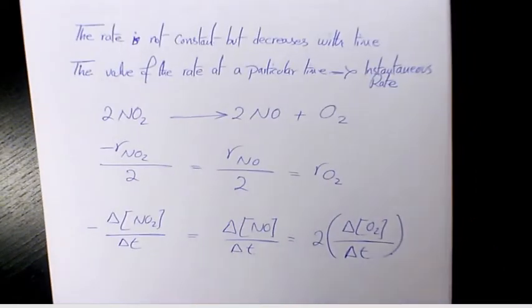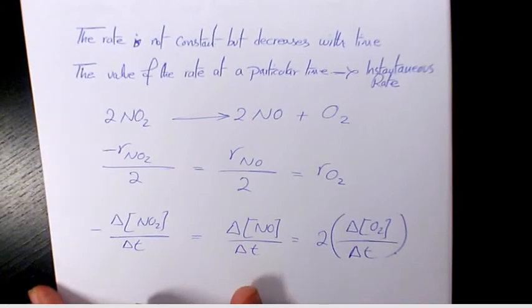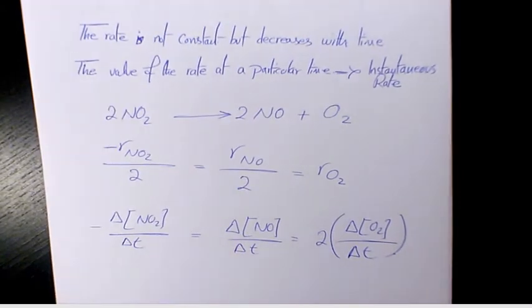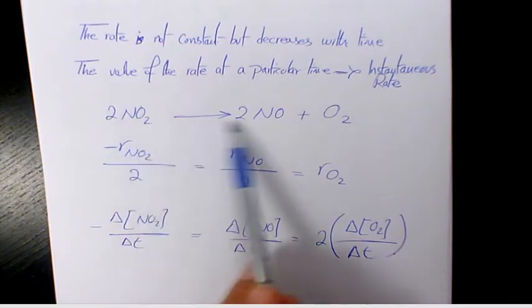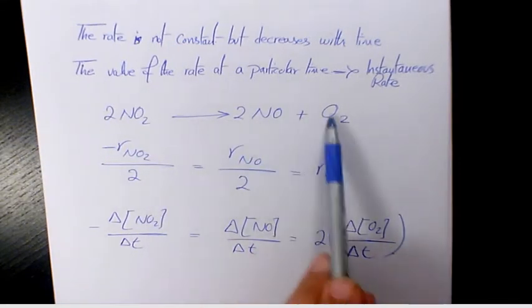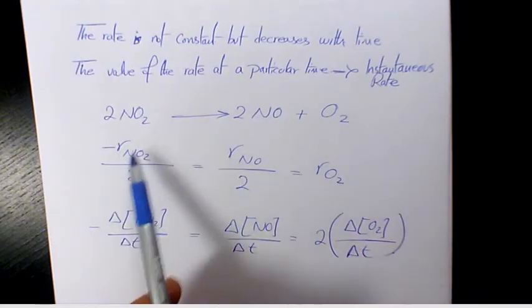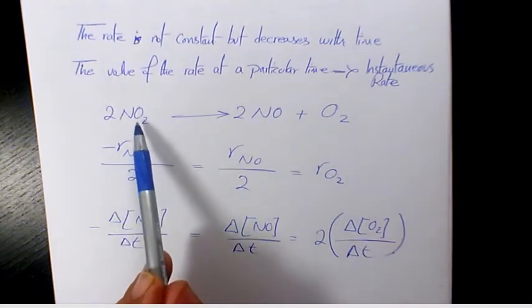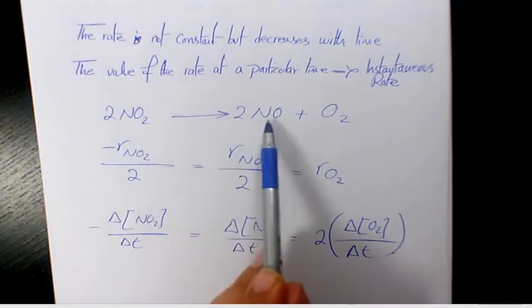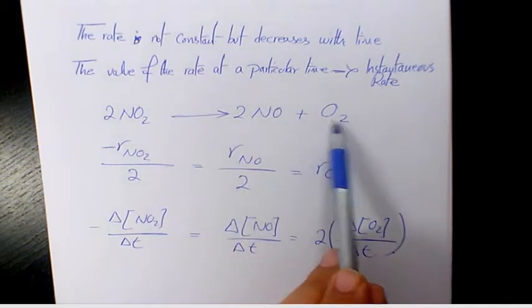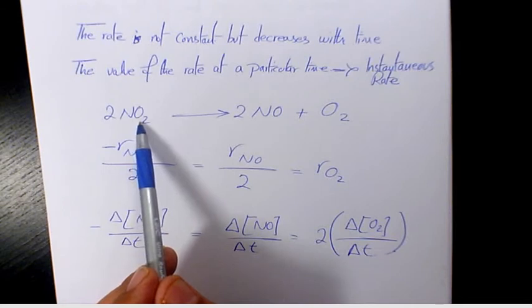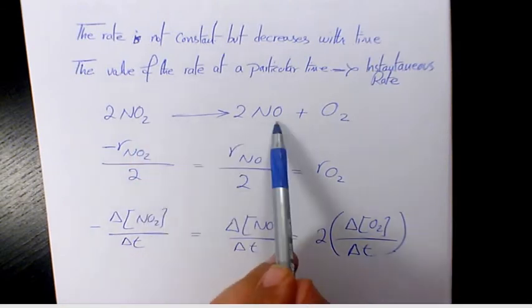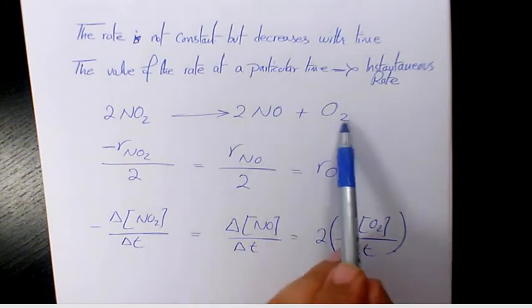So let's see this example. For the decomposition of NO2, which we had on the previous page, 2NO2 gives us 2NO and O2. We have the rate of reaction of NO2, rate of reaction of NO, and rate of reaction of oxygen. Rate of reaction of NO2 means the change in concentration of NO2 over time, the change of concentration of NO over time, and the change of concentration of oxygen over time.